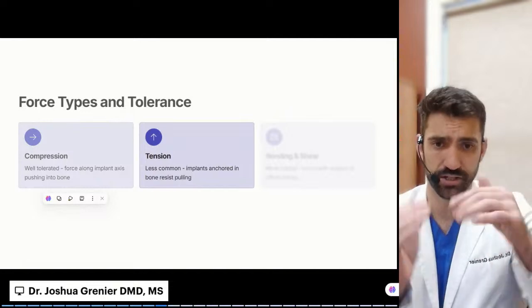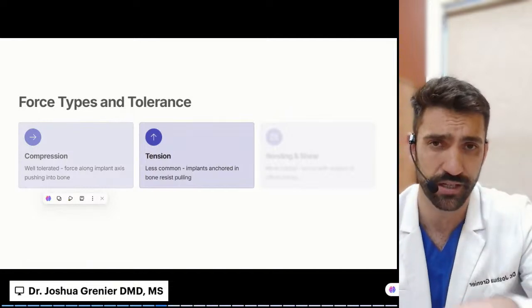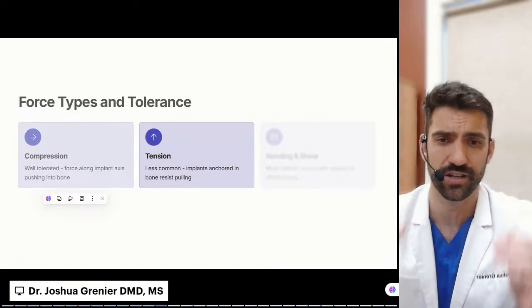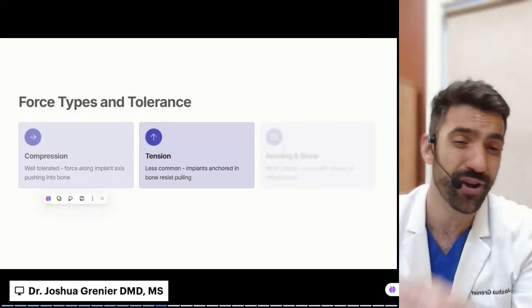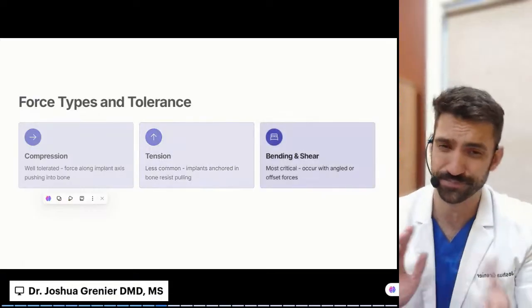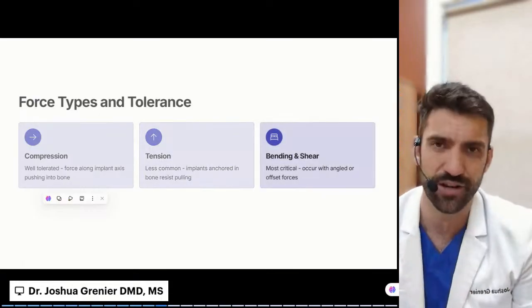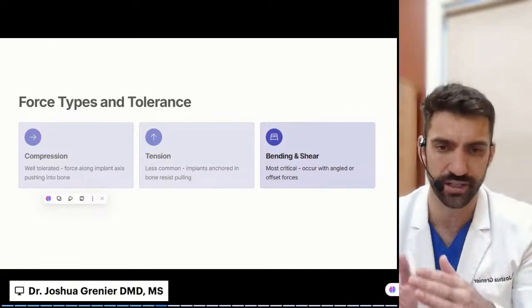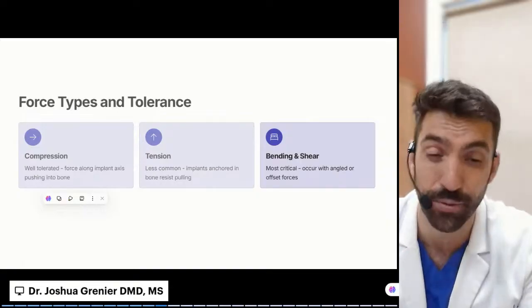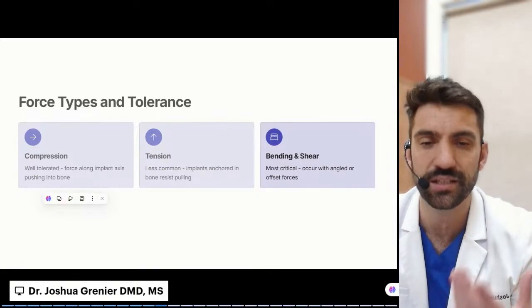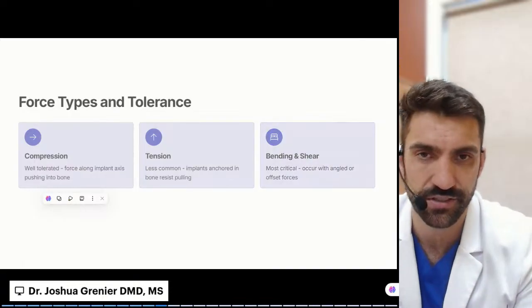If you're actually compressing an implant straight down the long axis, you're going to have some tension on the other side of the threads, which they are less resistant to. And both of those are more favorable. The least favorable are going to be bending, like a teeter-totter, or shearing, like a sliding type motion. And both of those, once again, become very common in cantilever situations.